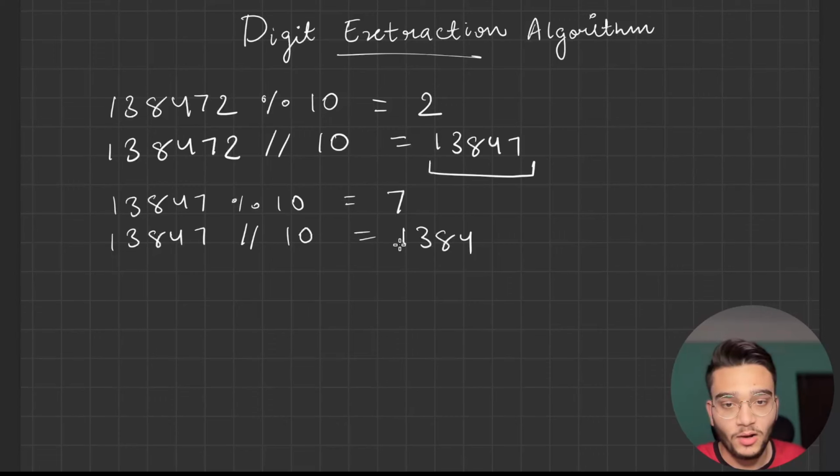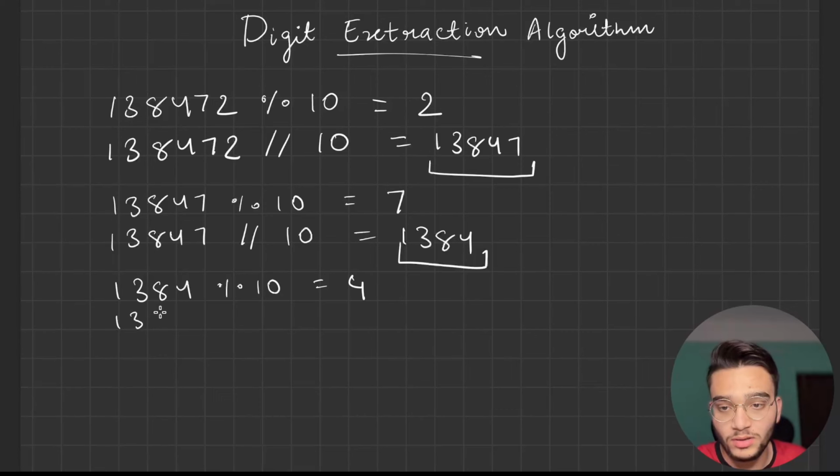1384. Now again you would take 1384 modulo 10, which would give you 4, and then again you would do 1384 integer division 10, then you get 138, and similarly you repeat the process. Now what happens when you repeat the process?